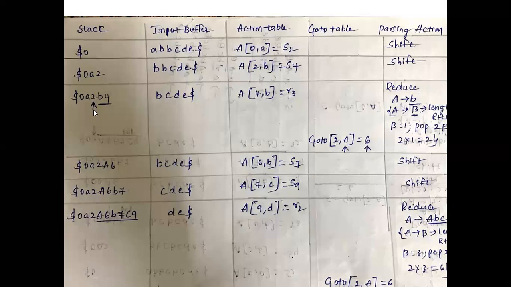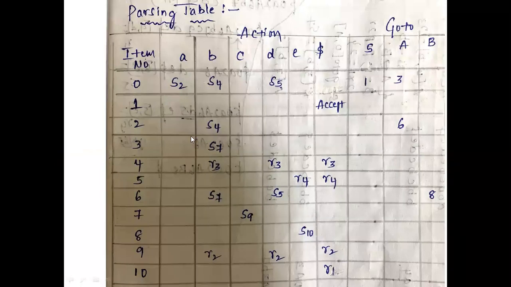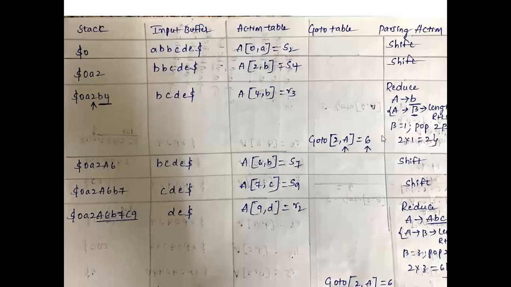What is the left hand side variable? A. Go to of 2 with A, see in the table, is 6, right? Now we need to shift this A and 6 onto the stack.